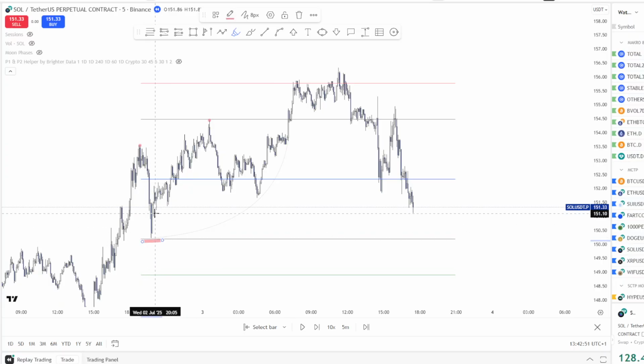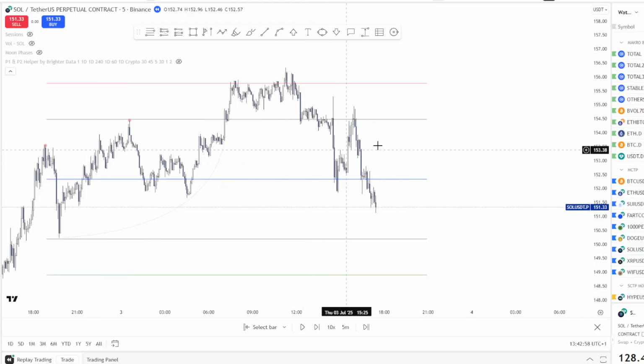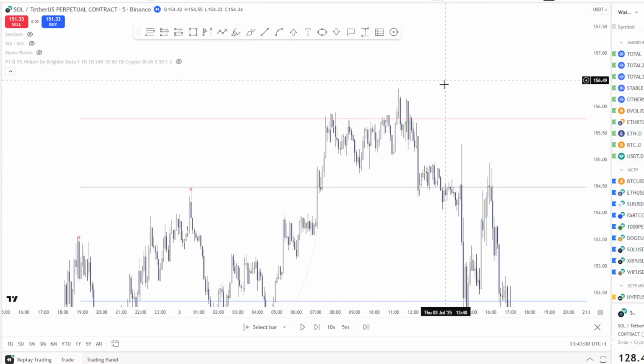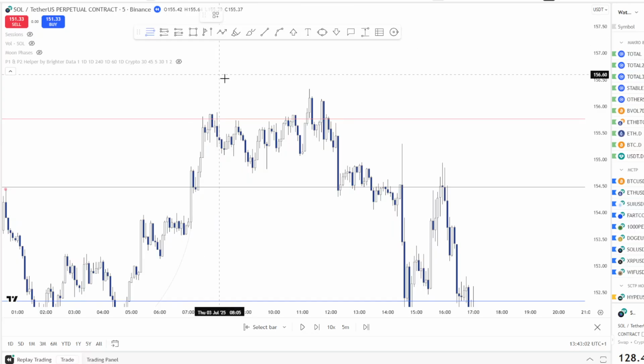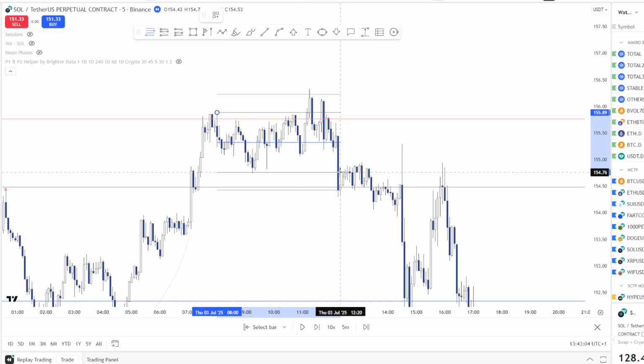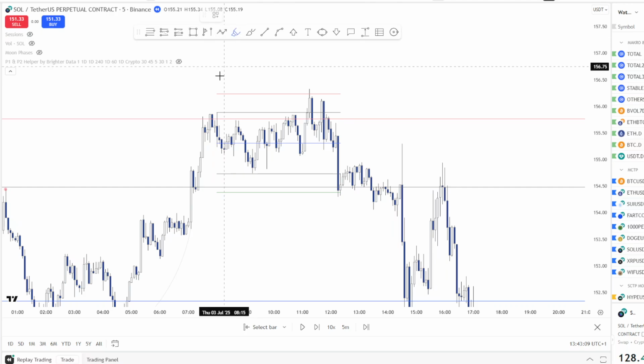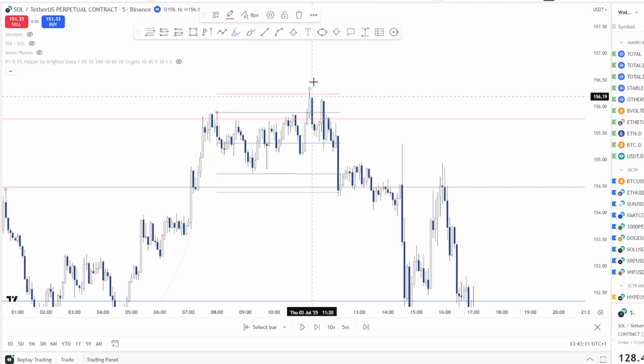So 1, 2, 3, 4. So there are some lows. Up here we got a manipulation range with our 1, 2, and 3.